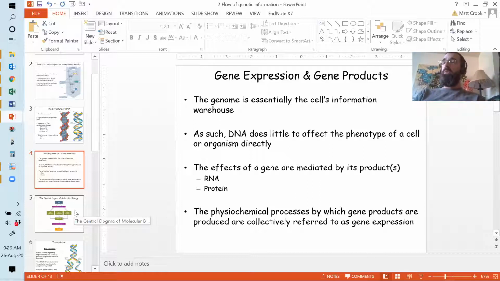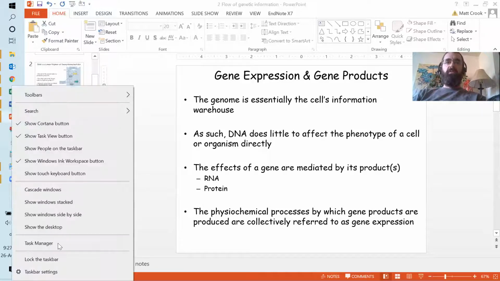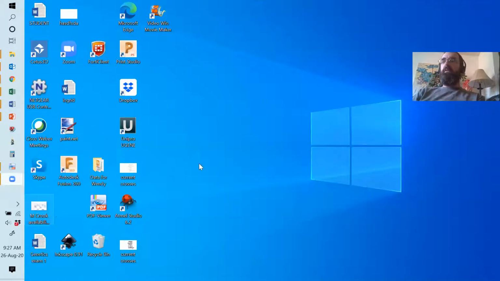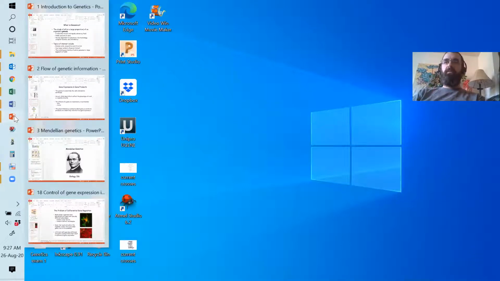When those genes are expressed, some genes will need to be expressed in your early development. I'm trying to get the chat box back. Zoom is a real pain in the posterior. No, it's not letting me have it. Let's see if I can go back. Well, there it is. Oh, yes. Thank you, Zuleika.